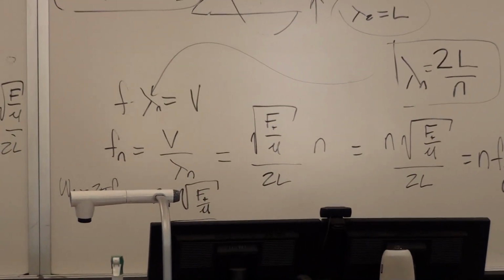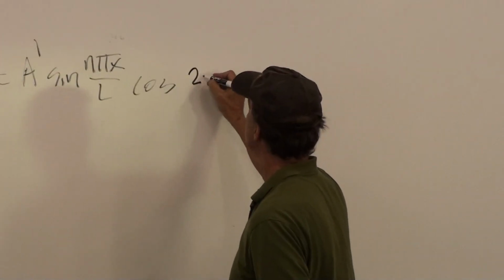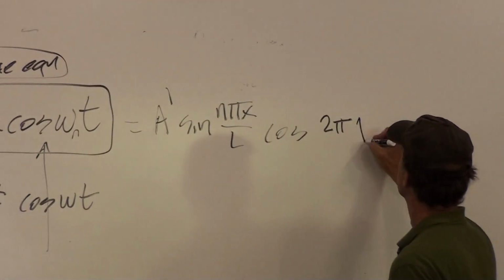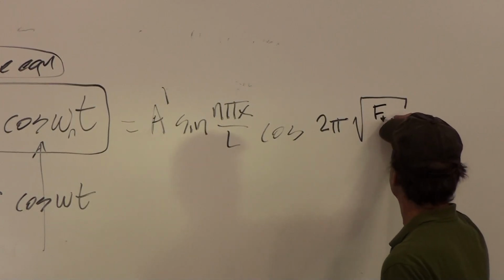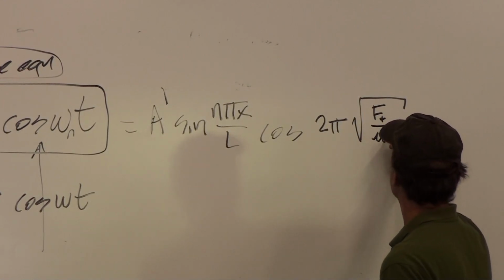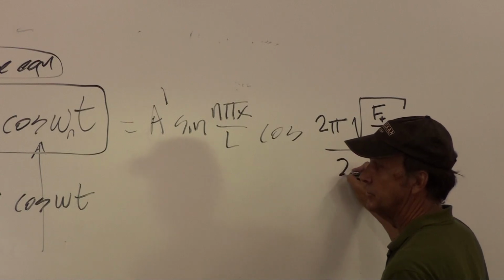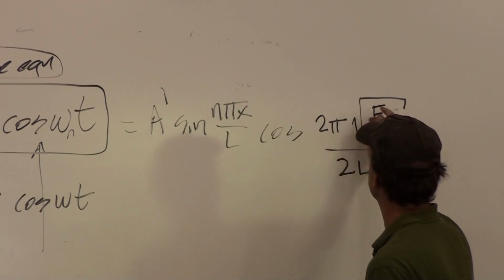That gives us over here the cosine of, well, omega is 2 pi times the frequency, so it's going to be 2 pi times the square root of the tension in the string divided by the mass per unit length, divided by 2L, with an n out of it.